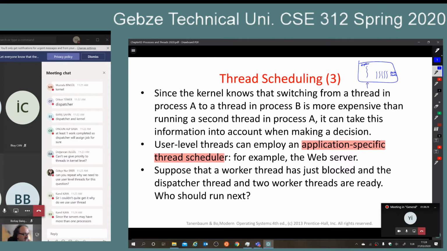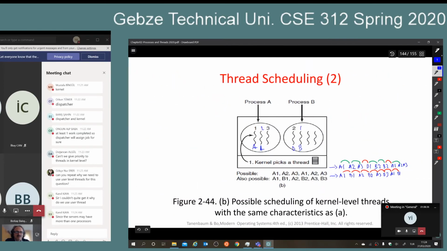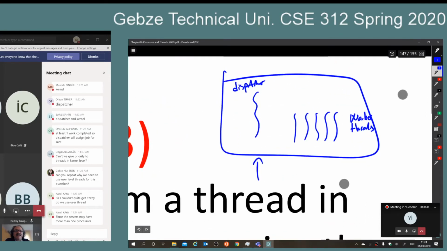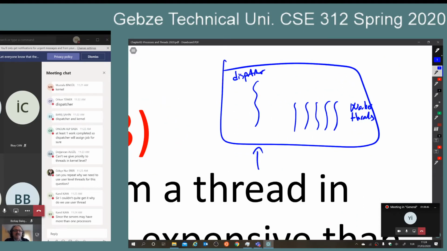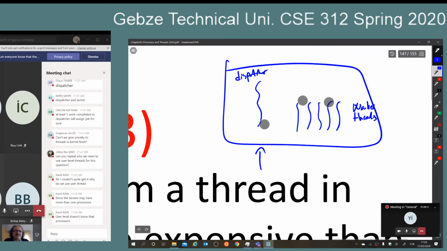Gökçe says, can you explain why we need to use user level threads for this question? Because where is my picture of the web server? Yeah, here it is. Let's say this is a single process, a web server process. This is a dispatcher. We looked at this before, when we looked at the threads versus processes. This is a dispatcher and these are the worker threads.